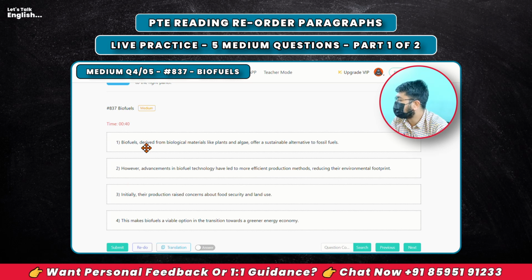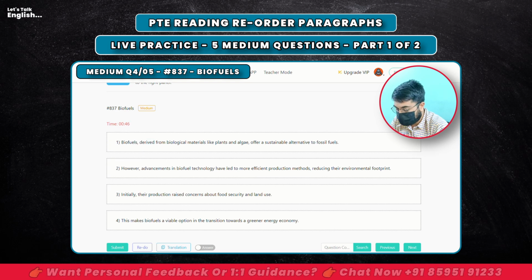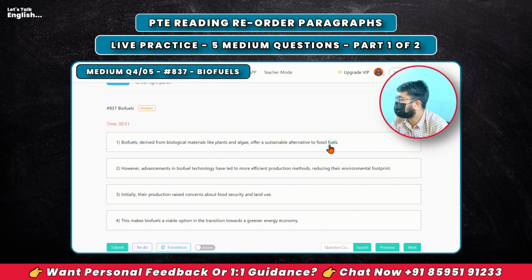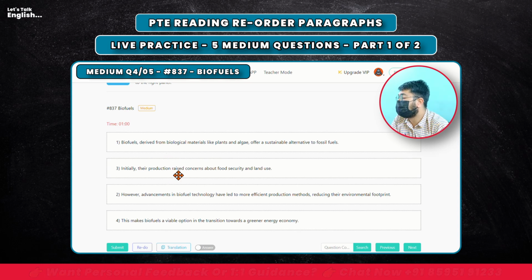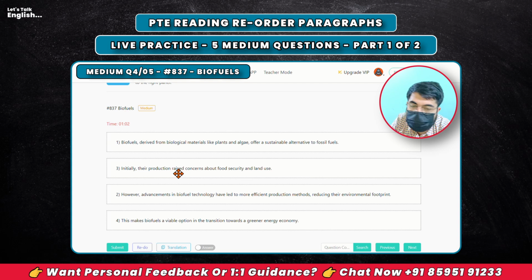I think the talk is generally about biofuels. So we need to keep the first one on top: derived from biological materials, plants and algae, sustainable. The third sentence talks about biofuels, initially how their production used to raise concerns about food security and land use.